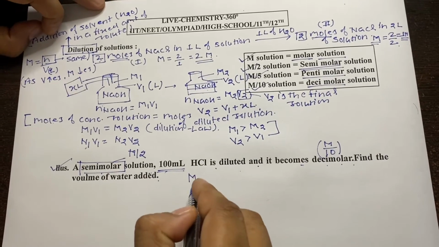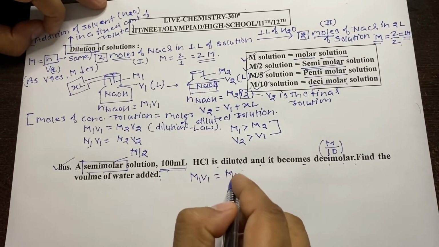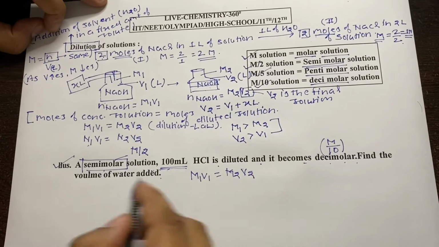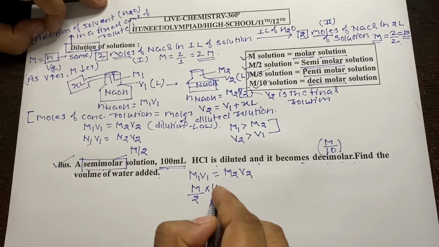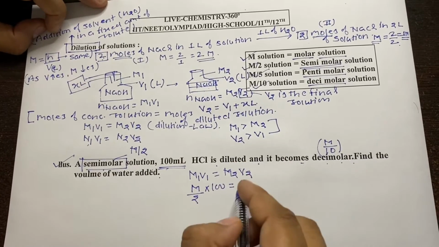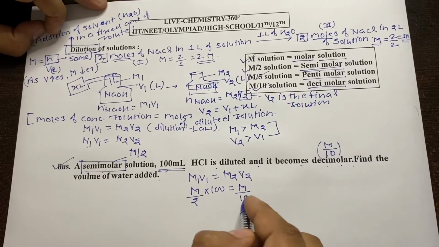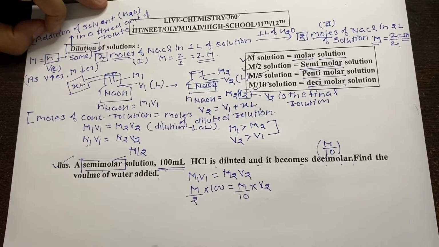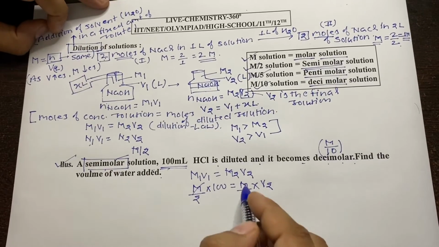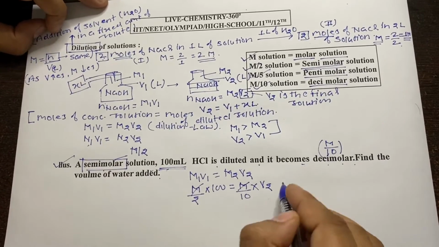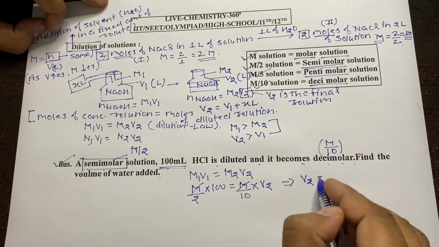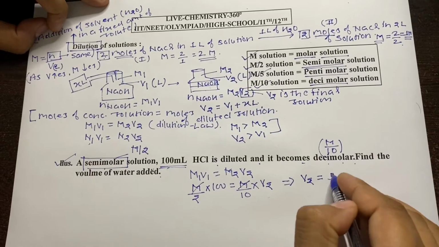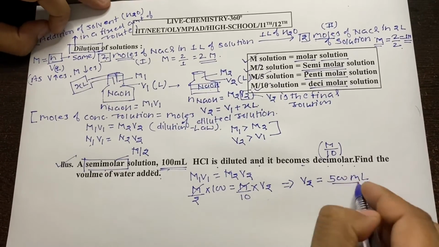Simply we will use M1V1 equals M2V2. M1 is M by 2 and the volume is 100 ml, and M2 is M by 10. First we will find the volume of the final solution to calculate the volume of water added. The final volume of solution will be 500 ml.